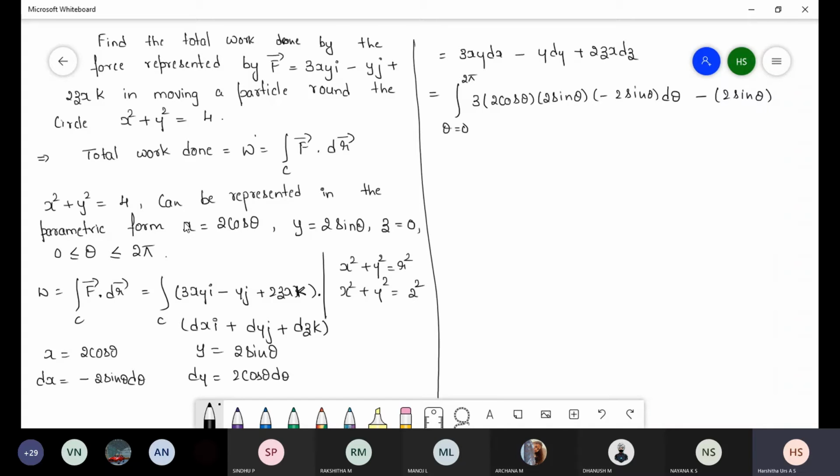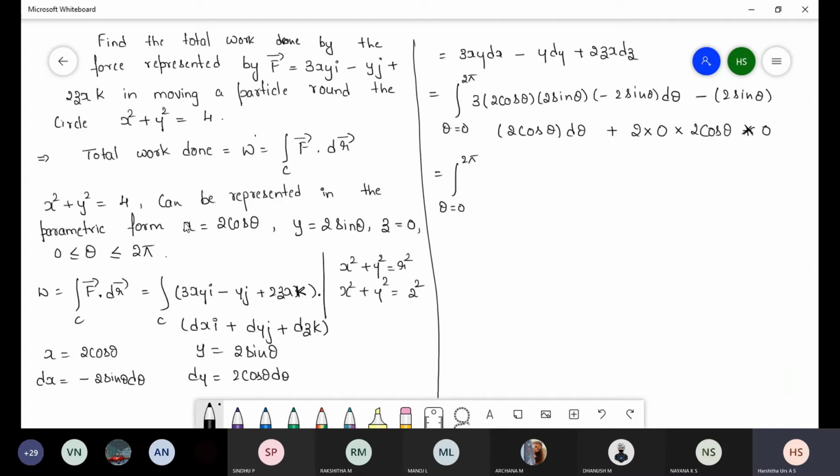Plus 2 into z value, which is 0, times x value 2 cos theta, into dz value, which is 0. So the complete last term will become 0.